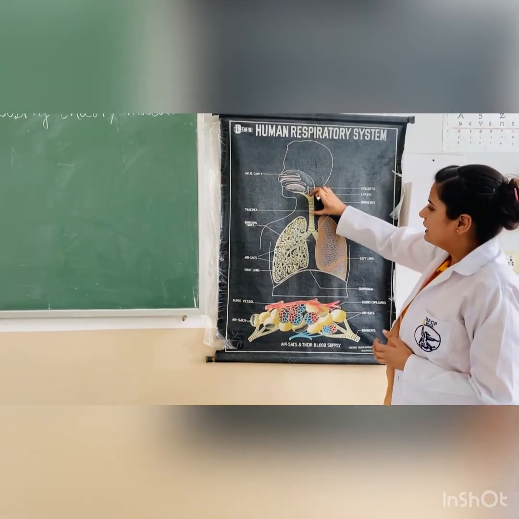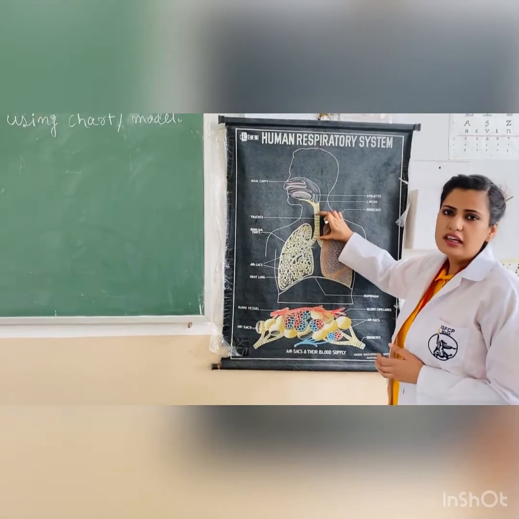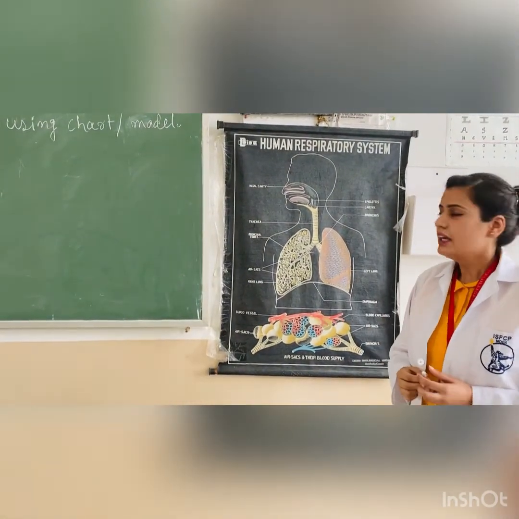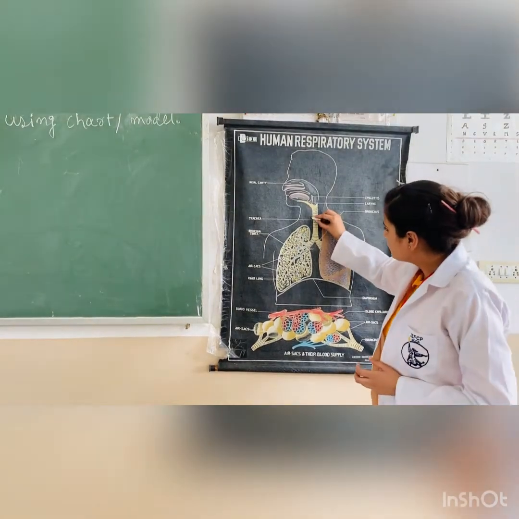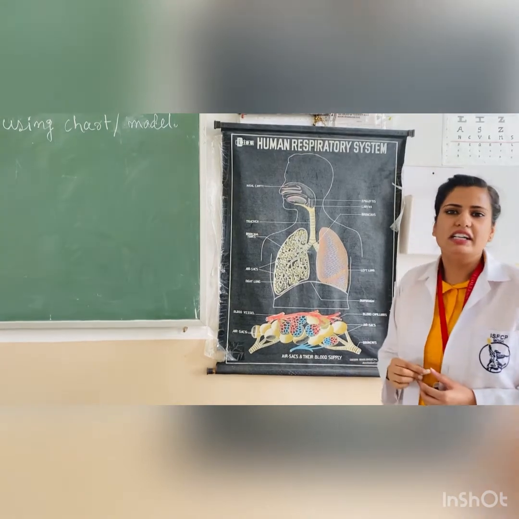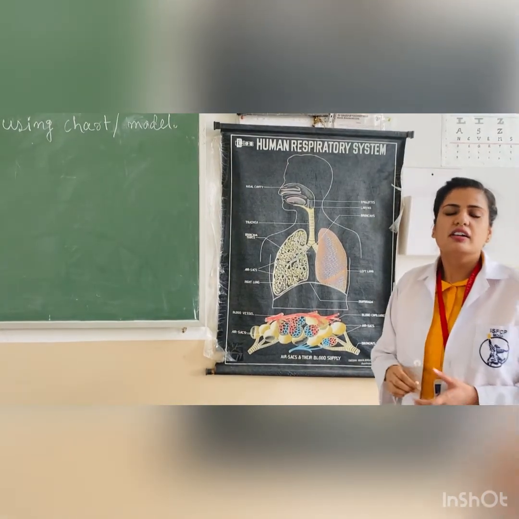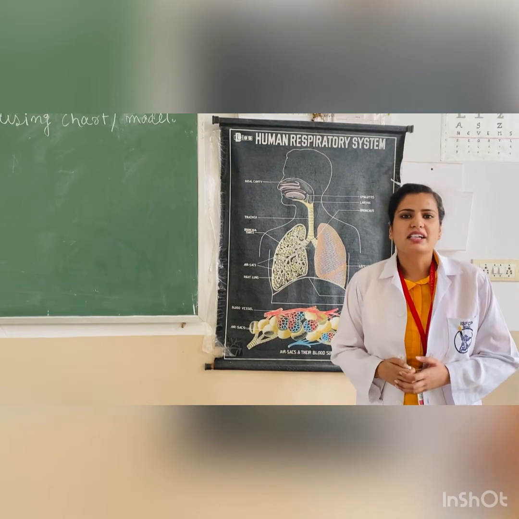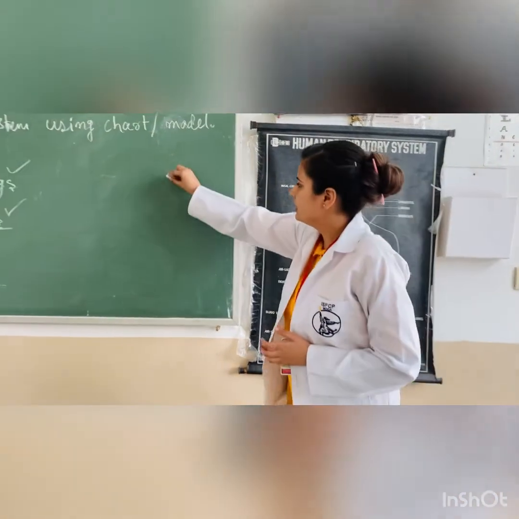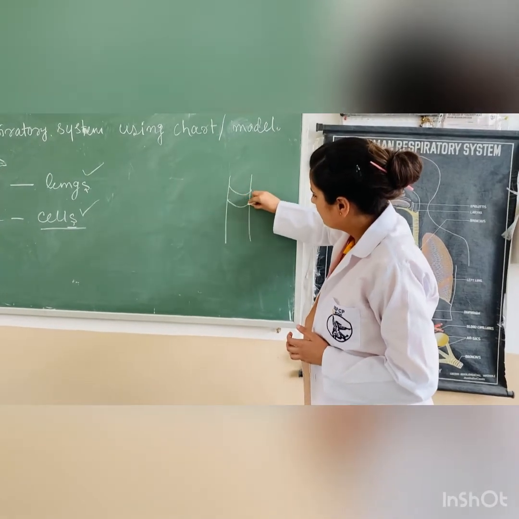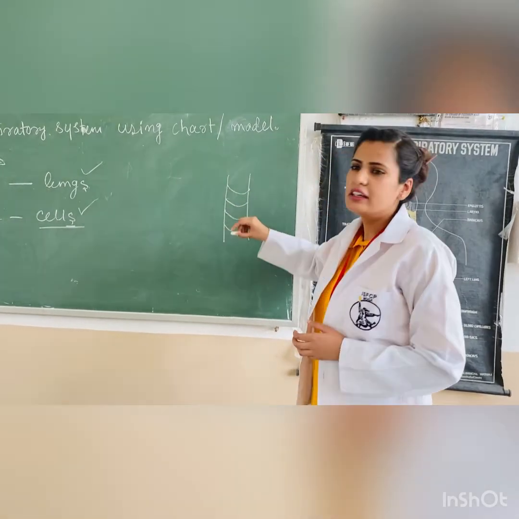Continuous with the larynx, there comes the trachea. The trachea is also known as the windpipe. In the trachea, there are C-shaped cartilages, 16 to 20 in number. The C-shaped cartilages present in the trachea are incomplete in nature.